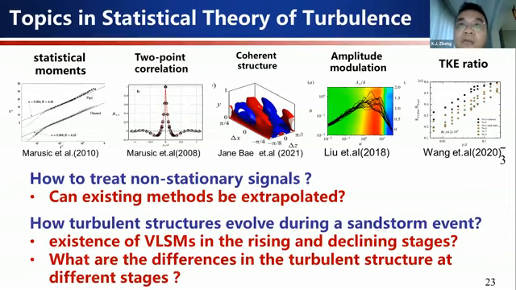And many statistical analysis methods have been employed in the study of turbulent structure. For example, two-point correlation and conditional average were used to review the spectral scale and the morphology of turbulent structures.